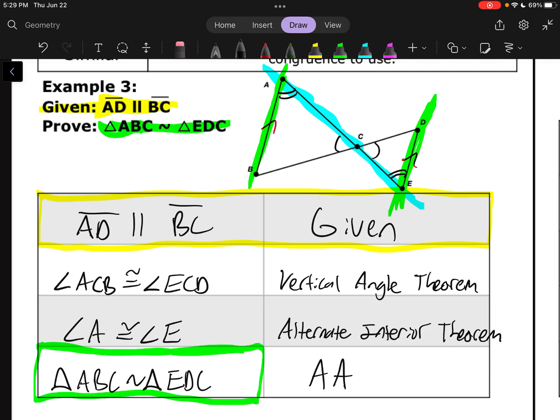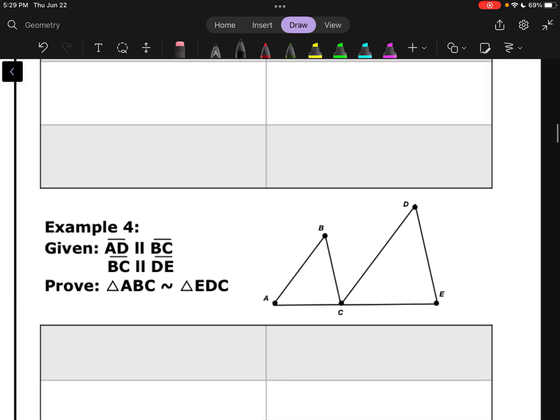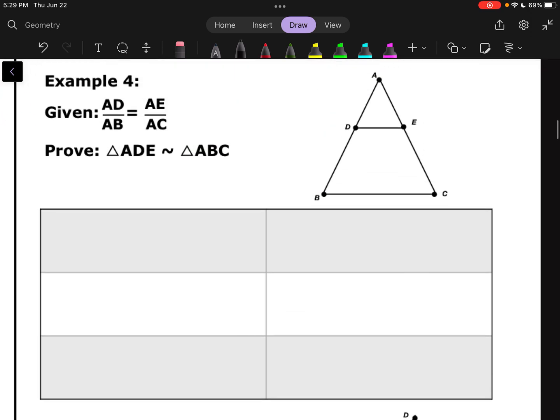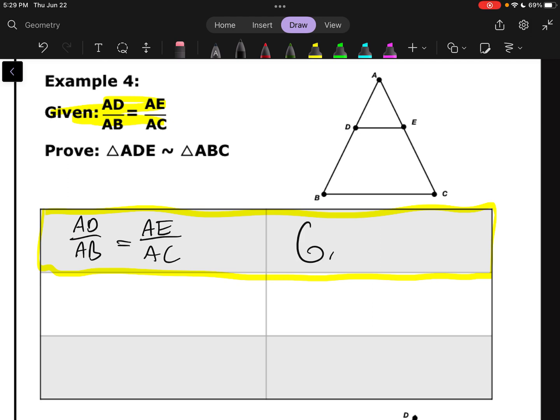All right, let's check out the other side. Then we got two more we're going to try. So this one, what do we got in the given here? Oh, we got some sides being proportional. So our given here says that AD over AB is equal to AE over AC.